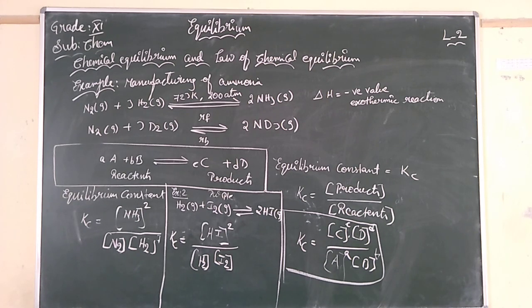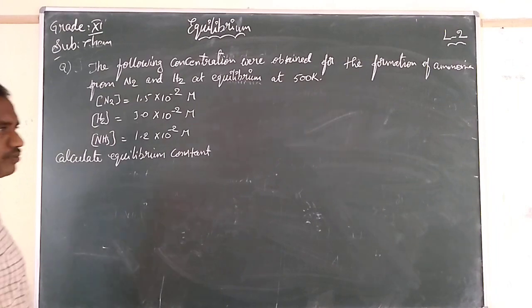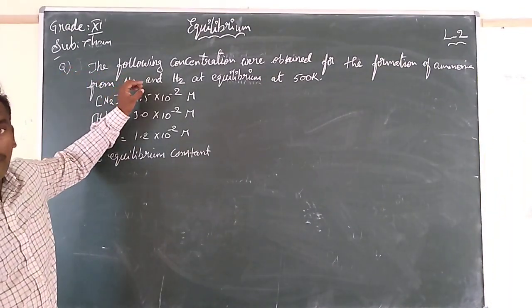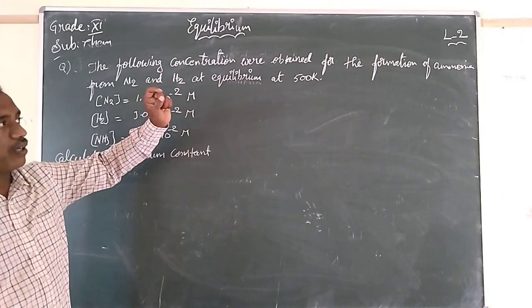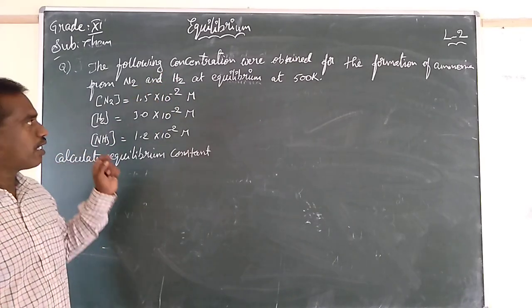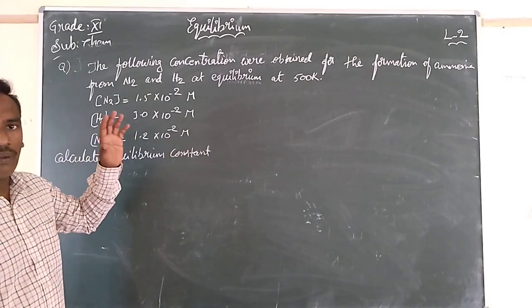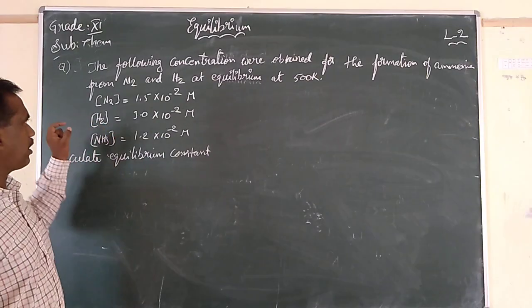Let us see one problem on this equation that we have learned, children. The question is given like this. The following concentrations were obtained for the formation of ammonia from nitrogen and hydrogen at equilibrium at 500 Kelvin.